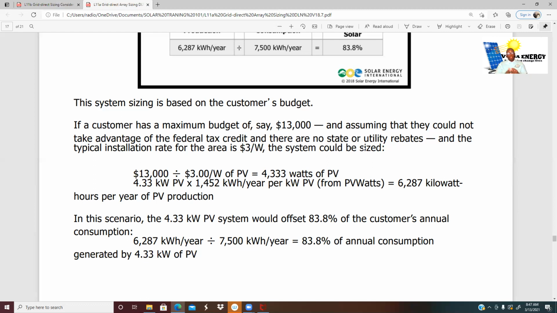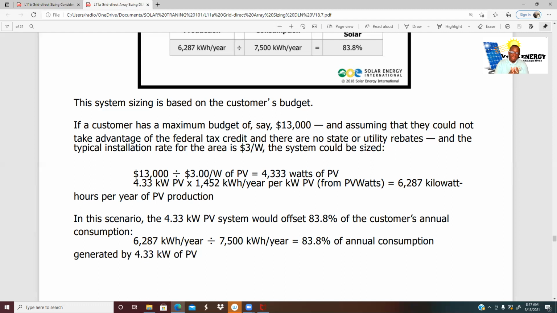We're going to do the math to find out how that $15,000 installation cost could be divided into a single watt. So if we have to size for a customer based on budget, we would be sizing based on a single watt. That's how they found that it costs them $3 per watt, not just the panel, because somebody would think, oh, it's just a panel. That includes every factor that comes with having a system built.